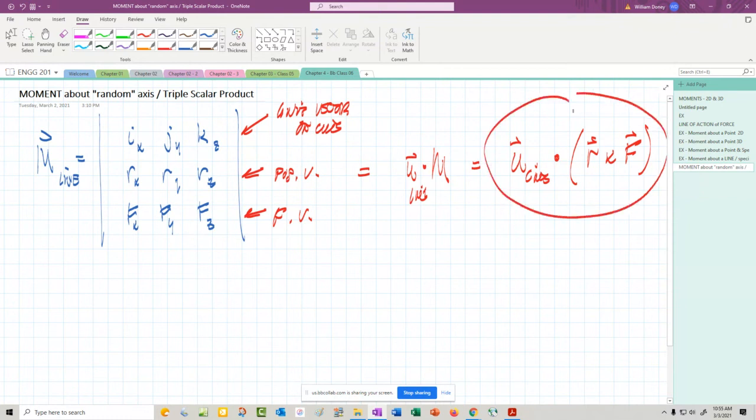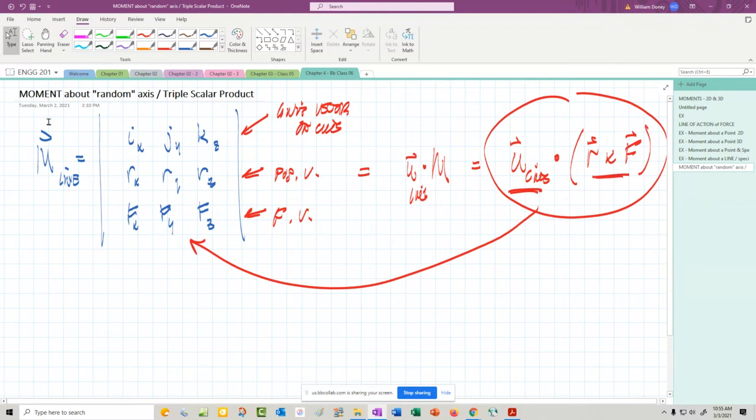And when I put it in matrix form, it comes out like this. So I'm really finding the moment and then telling me how the moment projects onto that line. And I can do it all in one shot.